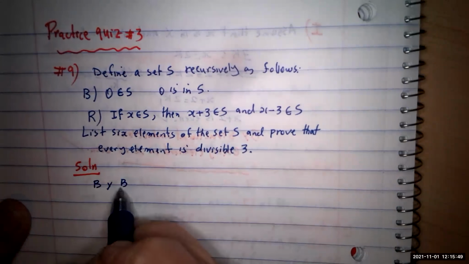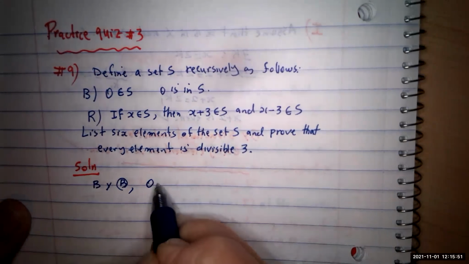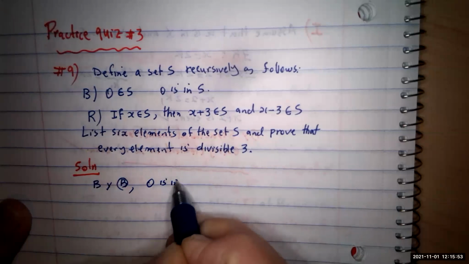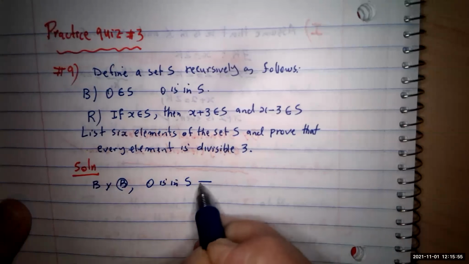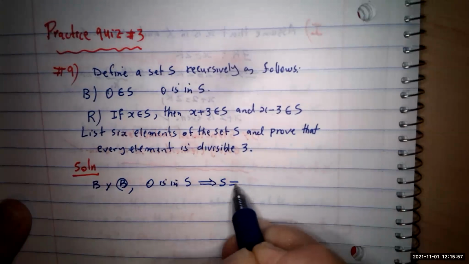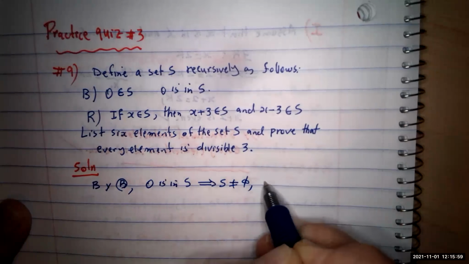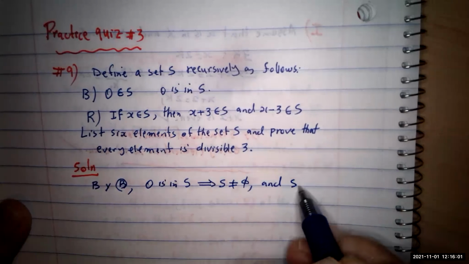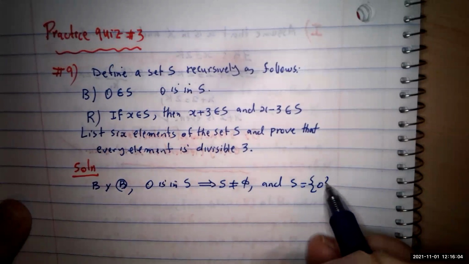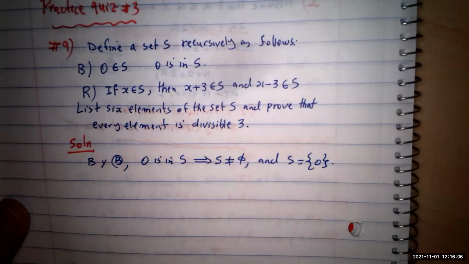By basic, 0 is in S. So this means S is not empty, and S has 1 element, 0. Take this 0 into the recursive one, make more.